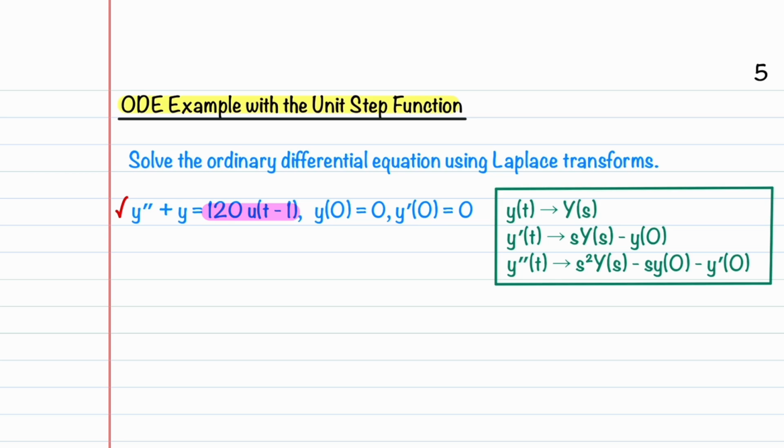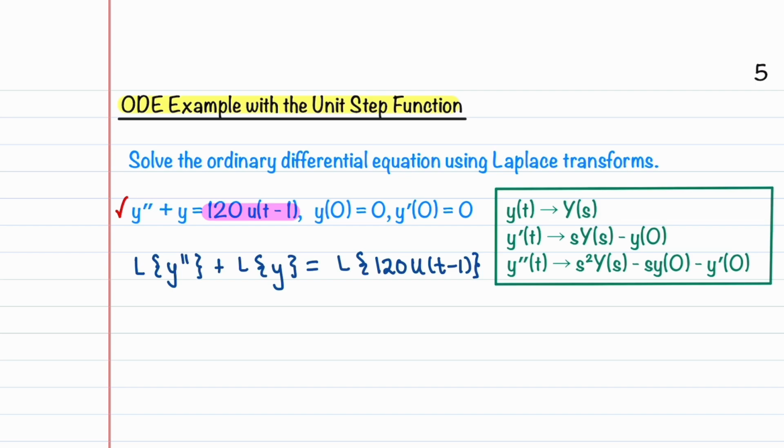Let's start by taking the Laplace transform of every term in our equation. We have the Laplace transform of y double prime plus the Laplace transform of y is equal to the Laplace transform of 120 times u of t minus 1. Over here on the right, I've written down the formulas for the Laplace transforms of derivatives.